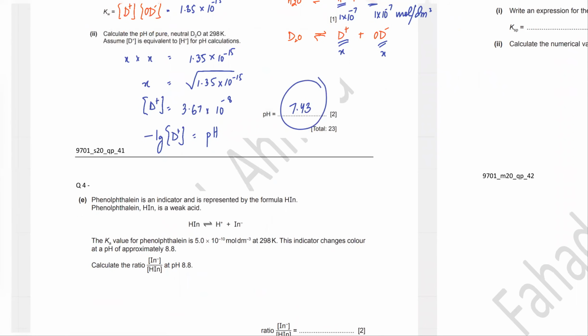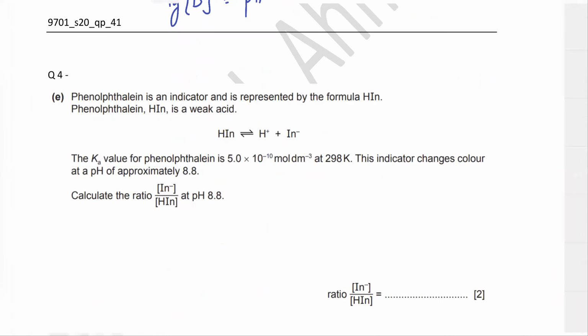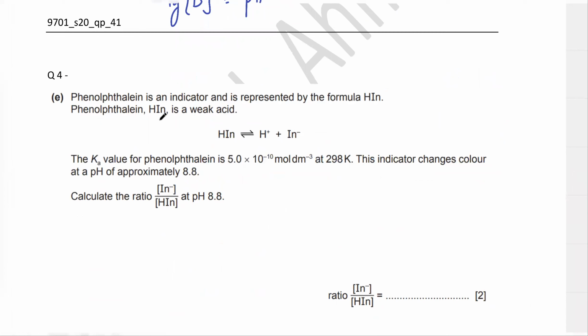Let's try and do this one. This is an acid, if you can recognize this. It's basically HA dissociating to form H plus 1 and A minus 1 ion, right? Over here it's indium, I think. I don't know what the ion is, but I think it's indium.